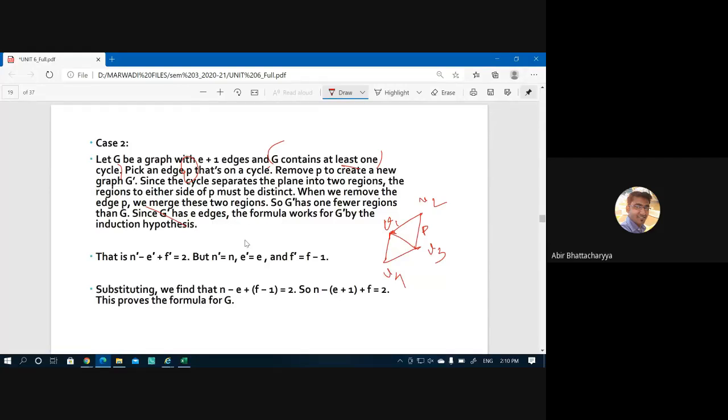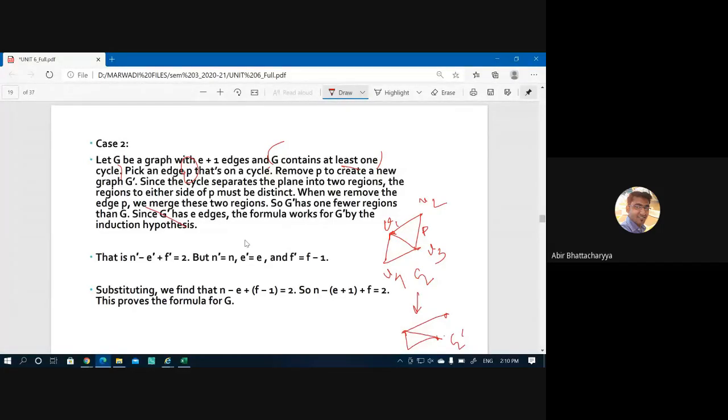What happened when I remove edge p? It becomes a new graph. G was the initial graph, and now if I remove it, it becomes G dash. What is the difference? The first one has one cycle extra.